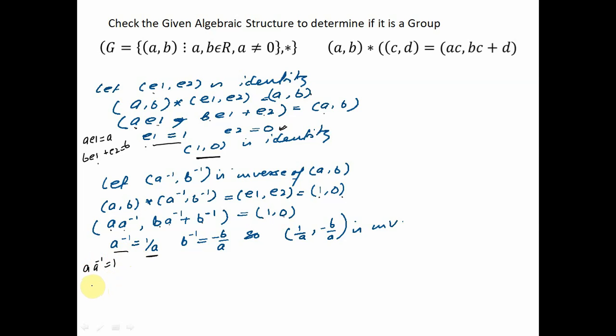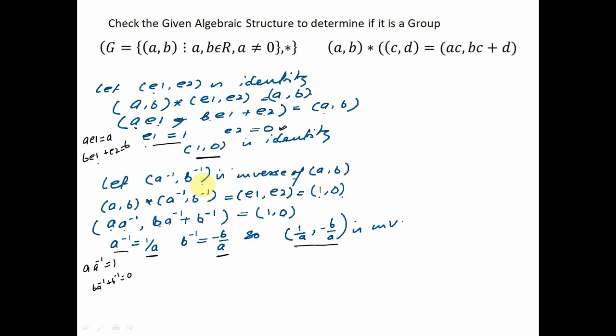And on this side, I have b a inverse plus b inverse is equal to 0. So b inverse is equal to minus b upon a. So (1 upon a, minus b upon a) is the inverse of (a, b). So up to this point, we have verified that it is closed, it is associative, identity element exists, and an inverse exists for each element. So this is a group.